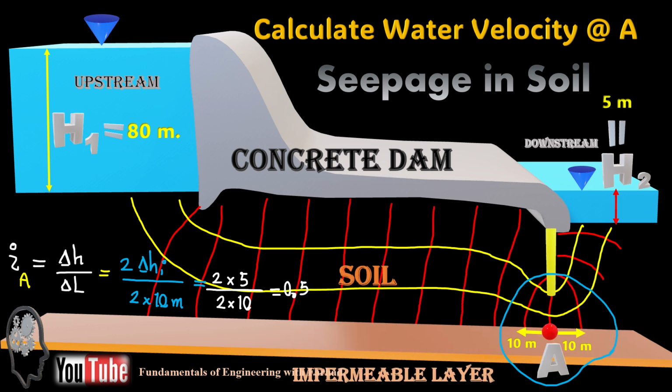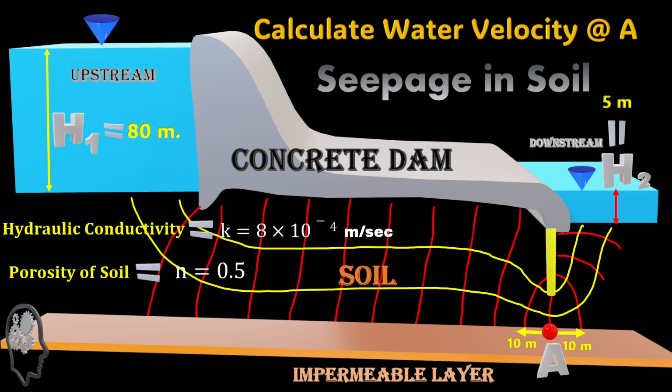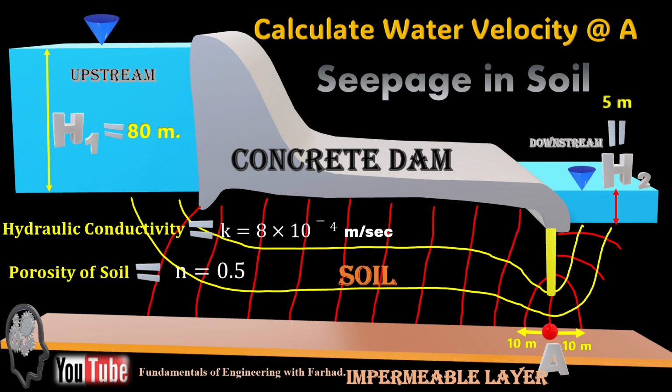As soon as we have i, we can simply multiply i by the hydraulic conductivity which is provided. So v prime is K i over n, and n is also provided. By having that, we can easily calculate the velocity at point A, where v prime is equal to K times i.